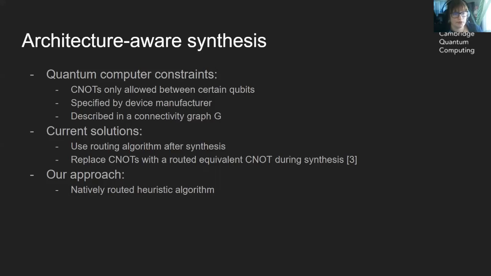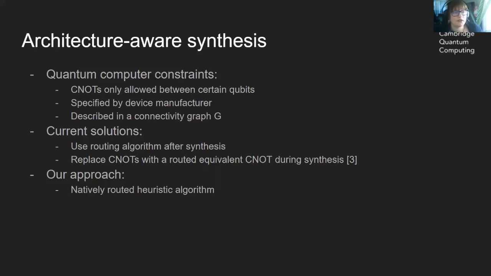So alternatively, Nash and colleagues proposed an adjustment of a well-known synthesis algorithm called Gray-synth, such that every forbidden CNOT is replaced with a sequence of allowed CNOTs during synthesis. And this improves the synthesized circuit with respect to the architecture-agnostic synthesis followed by routing. However, the heuristics that are used in this algorithm are based on architecture-agnostic rules, right?